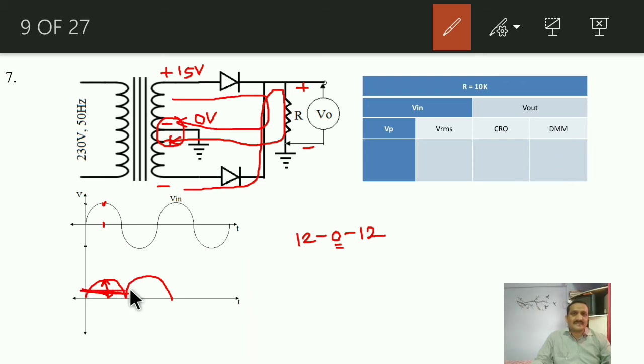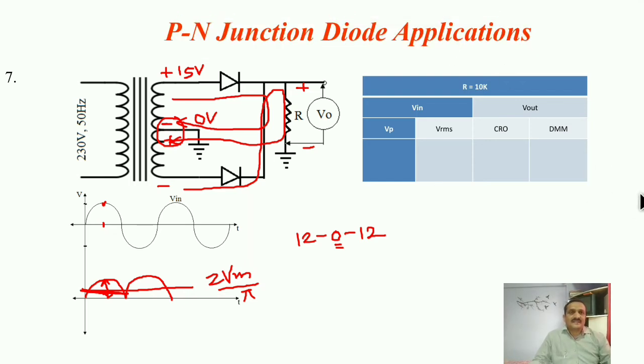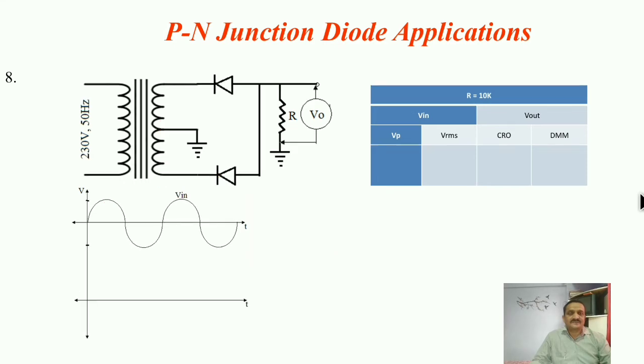A DMM always measures the average value of the applied voltage. Now as it is a pulsating DC, its average value measured by the DMM will be equal to twice Vm by pi, that you already derived whenever you studied rectifiers, is it? The value is twice Vm by pi. In the previous case it was only Vm by pi, right? So just check it again using simulation software.